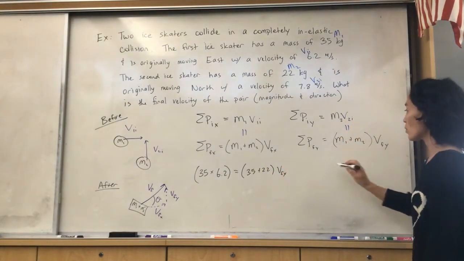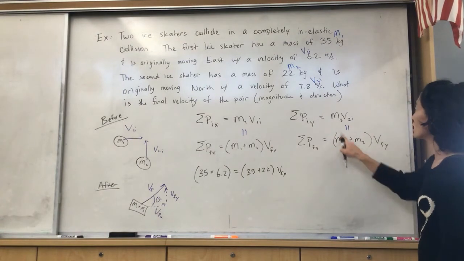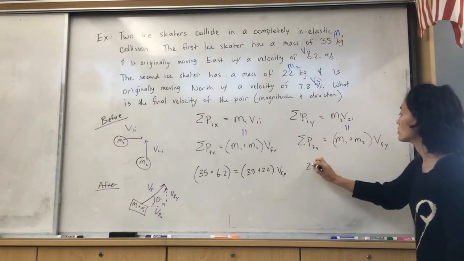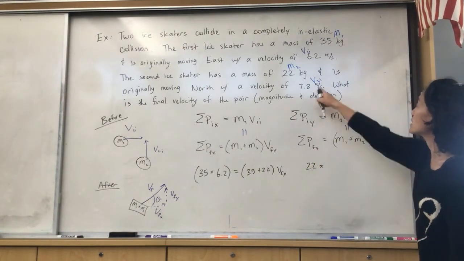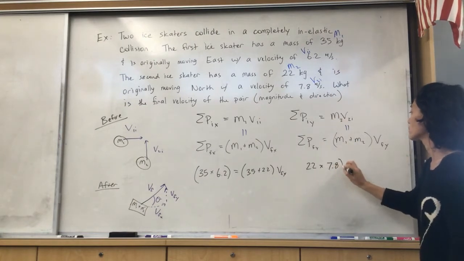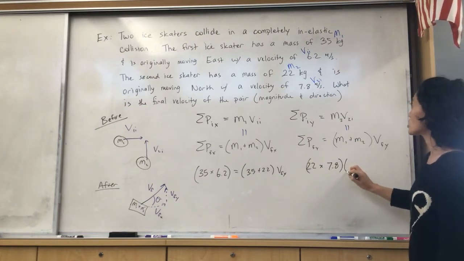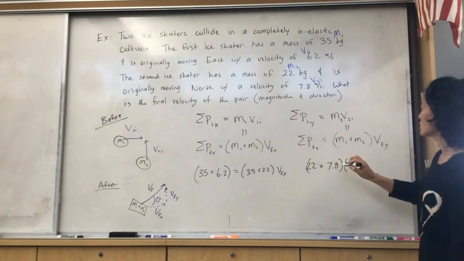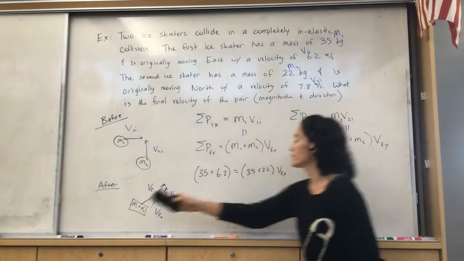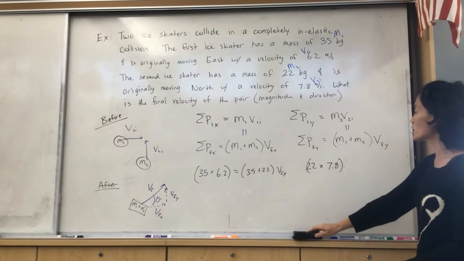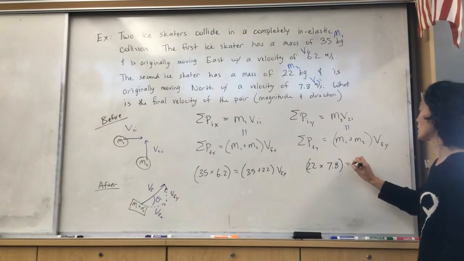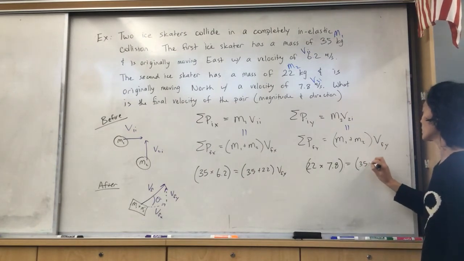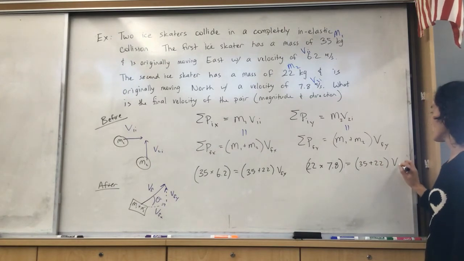Similar process for my y, but I'm going to use my m2, which is 22, times the velocity, which is 7.8. No, golly, that is my initial velocity. This is my initial momentum. That's going to equal now my total mass, so 35 plus 22 times v final y.